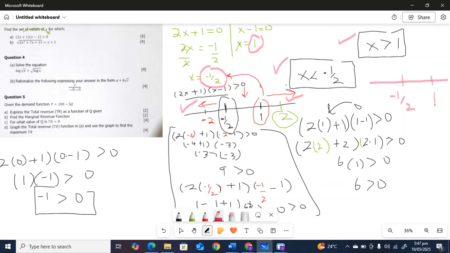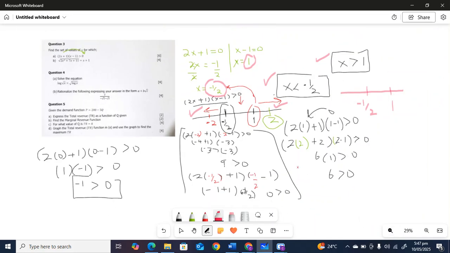Does that answer your question, Mr. Foundation? In the workings? Yes, yes.